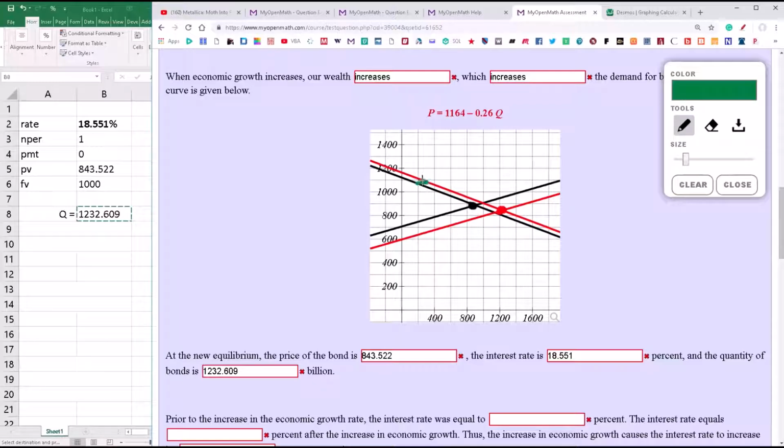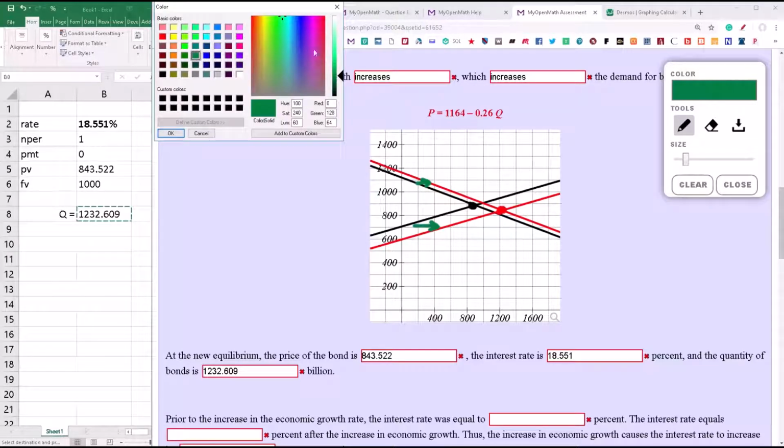The demand curve increased a little bit, but the supply curve increased a lot. So supply increased more than demand did when we have an increase in economic growth. Okay, so let's go ahead and label the rest of the diagram.